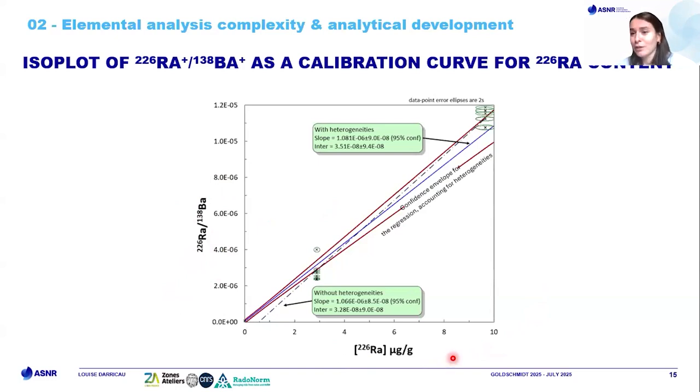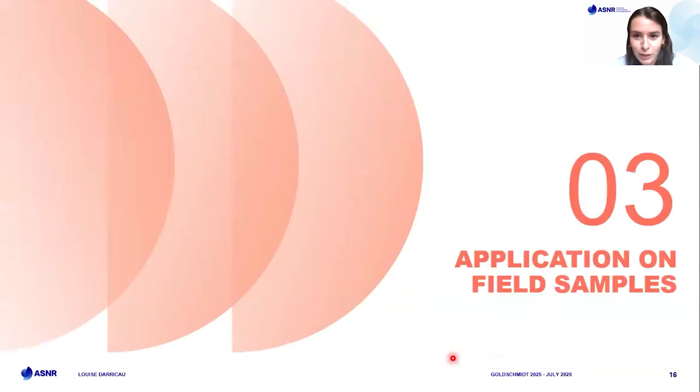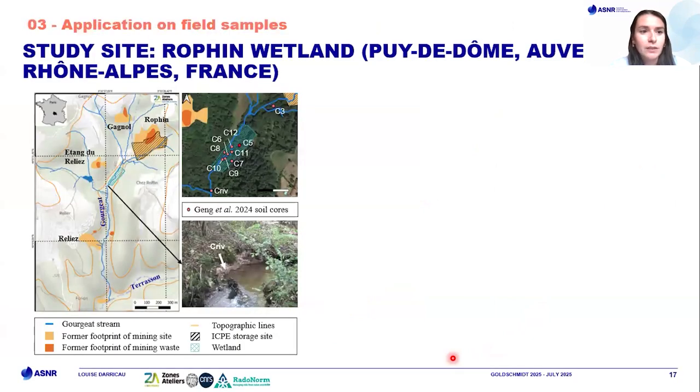So we know we are looking at radium, we have a standard of radium, so we wanted to do an application on a field sample. And for this, we selected the study site of Raufin, which is a wetland located in the Puy-de-Dôme, Auvergne-Rhône-Alpes, in France.